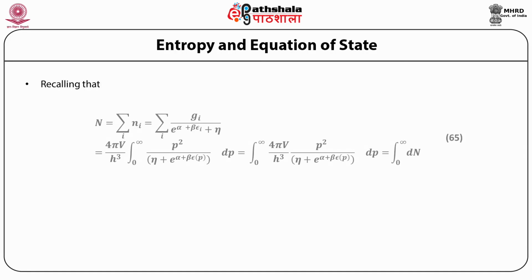Recalling that the total number of particles is equal to the summation over i of Ni, which is equal to the summation over i of Gi divided by e raised to the power alpha plus beta epsilon i plus eta, which is equal to 4 pi V upon h cube integral from 0 to infinity p squared over eta plus e raised to the power alpha plus beta epsilon p dp, which is equal to the integral from 0 to infinity of dN.